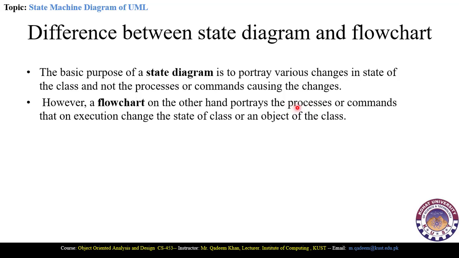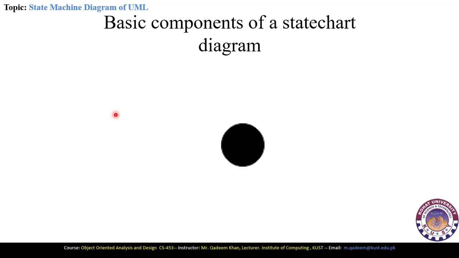You can see that there are multiple activities in the process of the waterfall model, which are executed through a certain sequence. So flowcharts contain a certain sequence like processes or commands, but unlike them, the state machine has no certain sequence. That is the main difference between the state machine and flowchart.